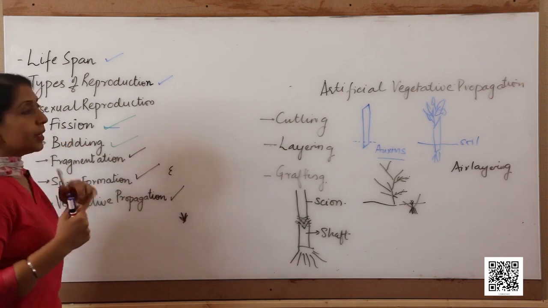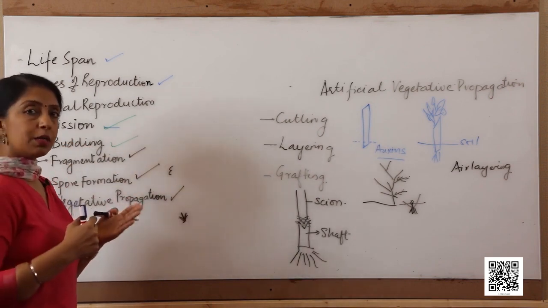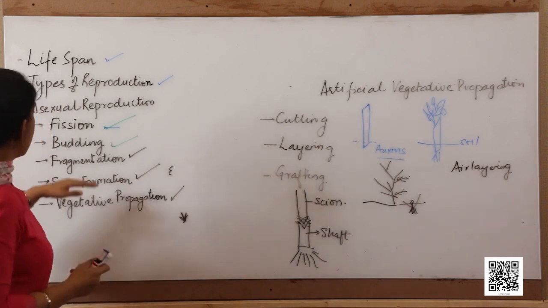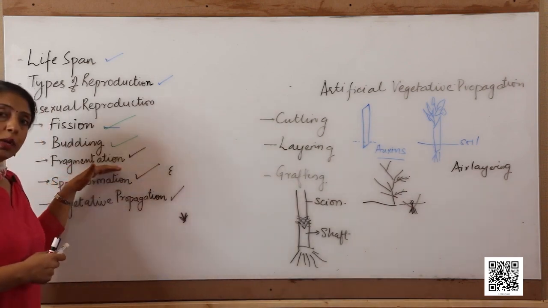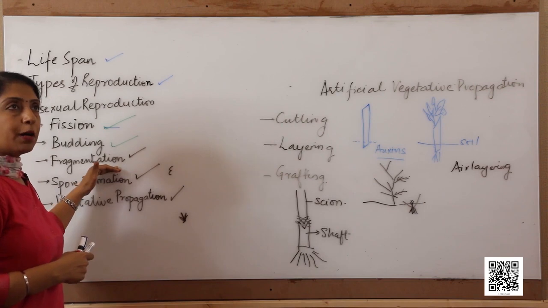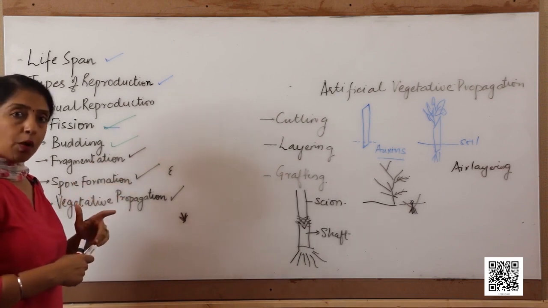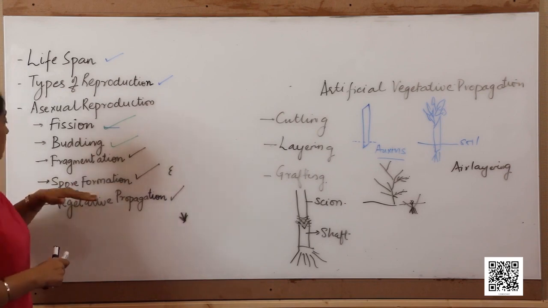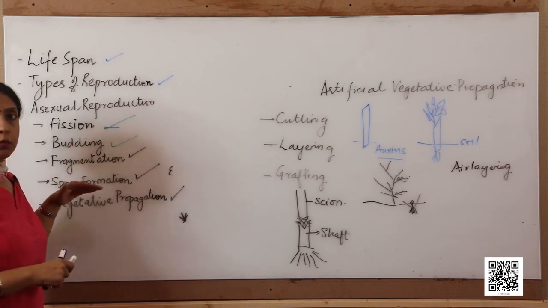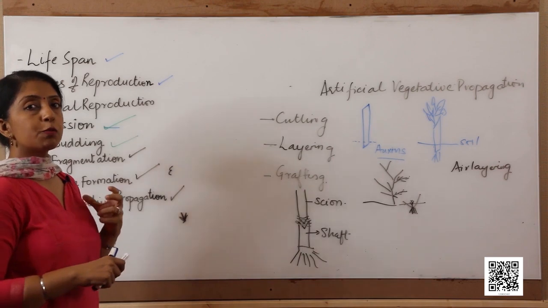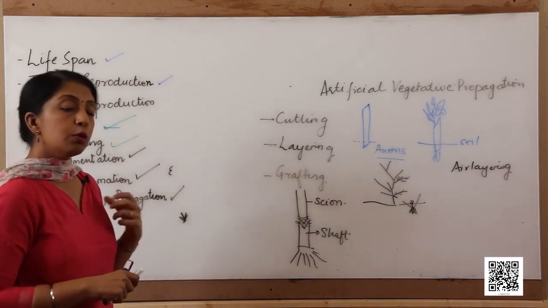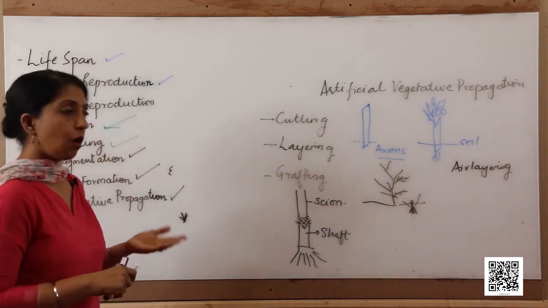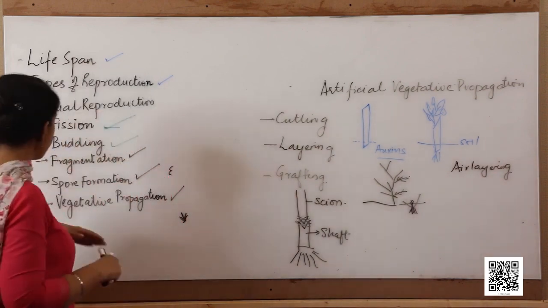In budding, we did exogenous buds, and we discussed what exogenous buds and endogenous buds are. In fragmentation, we took 2 examples, one of Taenia or the tapeworm and the second of the algae Spirogyra. Third was spore formation. We saw how different types of spores are used in dispersal as well as formation of a new plant or a new organism.